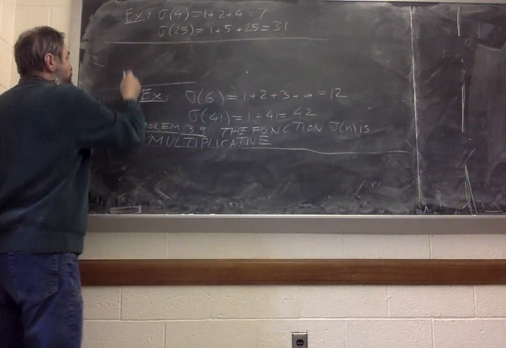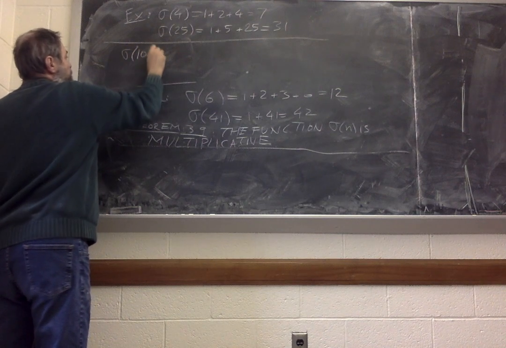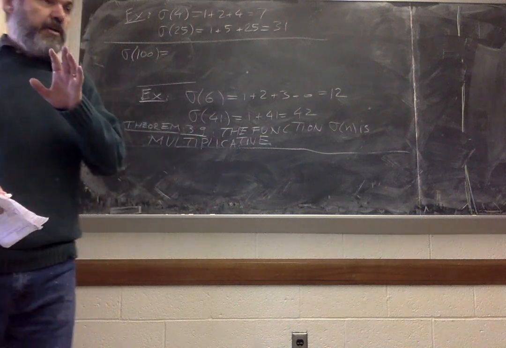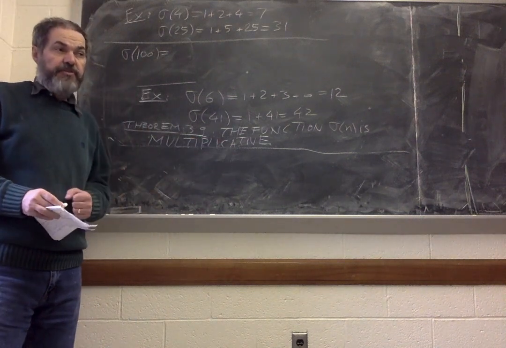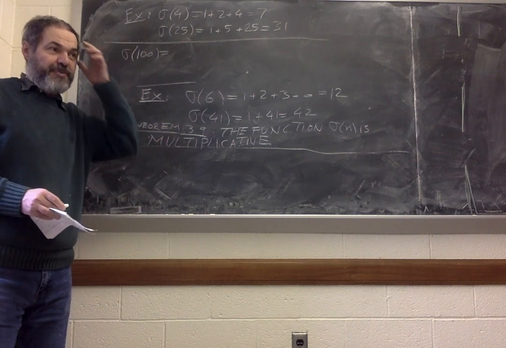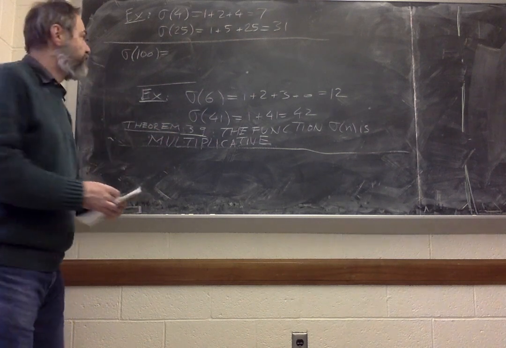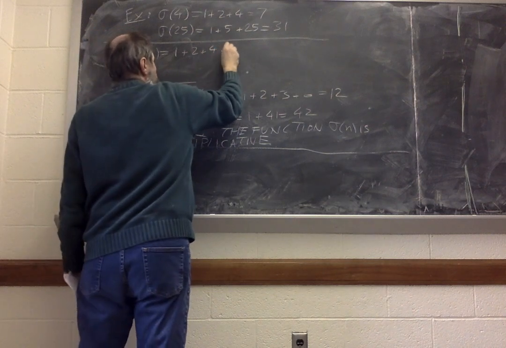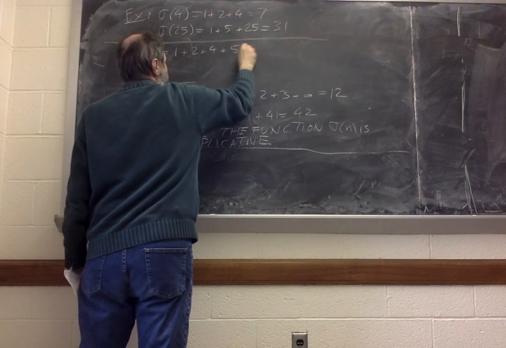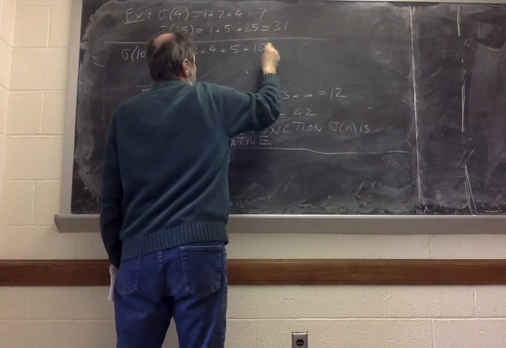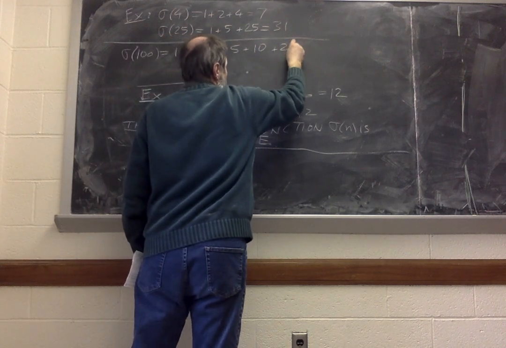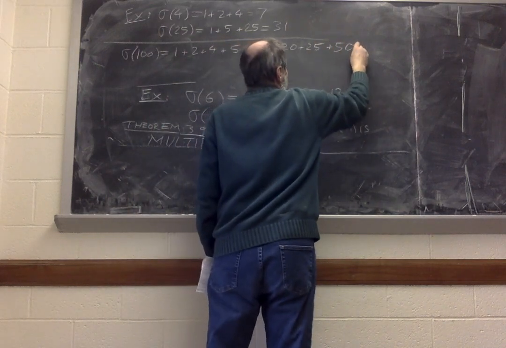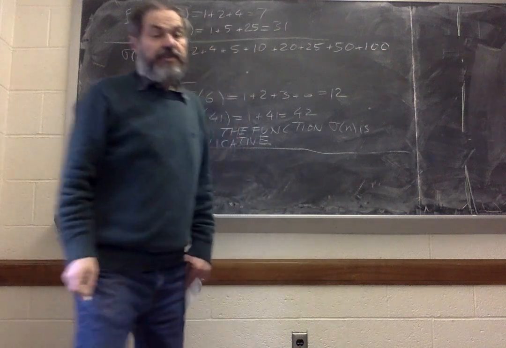Sigma of 100. Now let's see. We saw earlier that there are exactly 9 positive divisors of 100. Now we need to add them up and see what the sum is. So 1 plus 2 plus 4 plus 5, 10, 20, 25, 50, and 100.